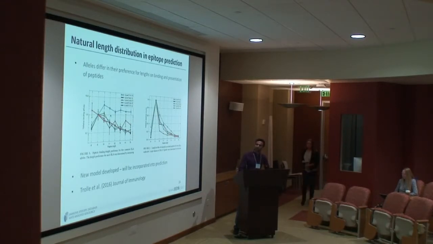So different alleles have different binding preferences for different sizes. But if you analyze the ligand elution data, most of them prefer 9 amino acids. So new methods are incorporated using this kind of information and are already implemented in the IEDB tools, like NetMHCpan.